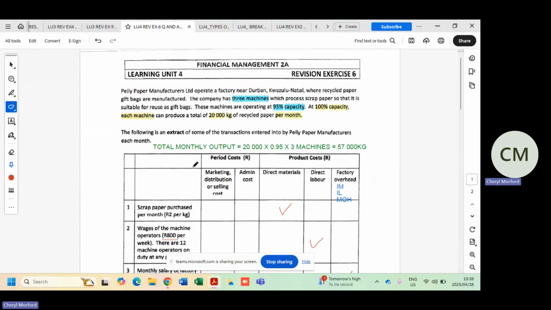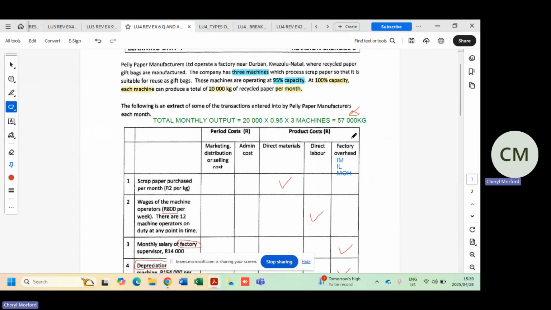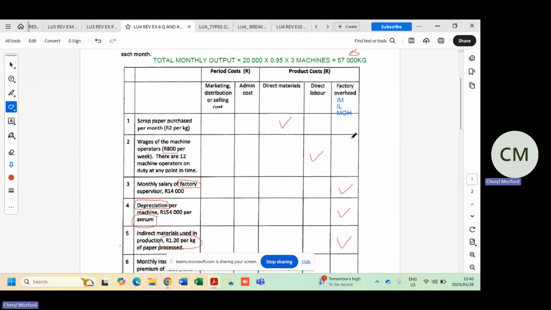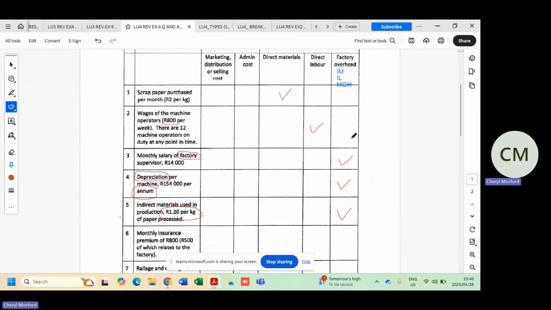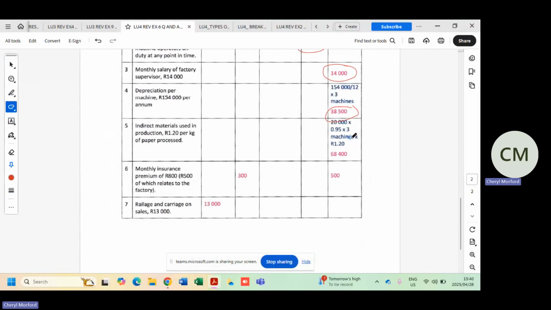So how many kgs have we got over here? See there? 57,000 kgs. So it will be 57,000 kgs times R1.20, and that's going to go in the factory overhead column, like this. So that total amount will be 68,400.